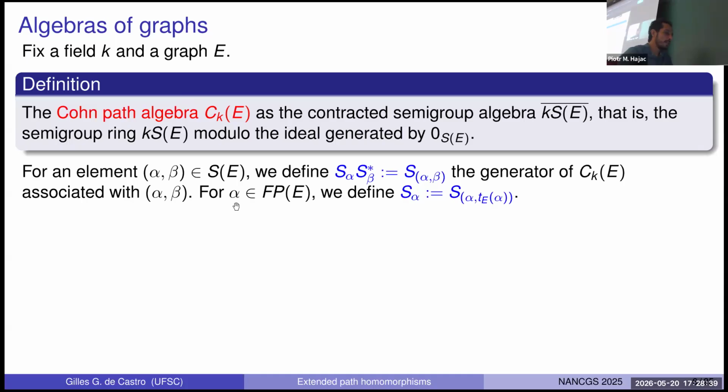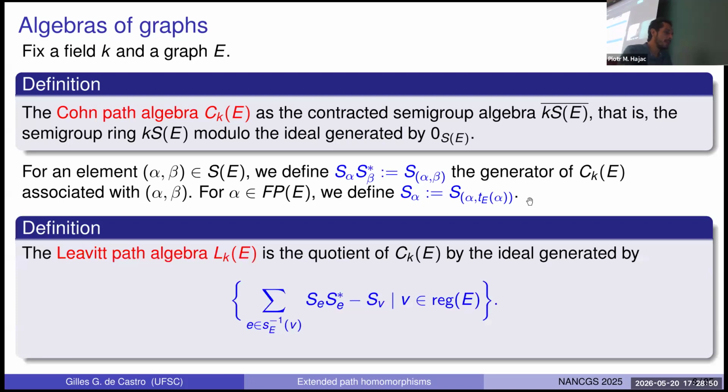And in particular, if you just have a finite path, you just want to say s alpha, then alpha corresponds to this alpha and the target of alpha in the second coordinate. And then the Leavitt path algebra is just the quotient of the path algebra by the ideal generated by the set.